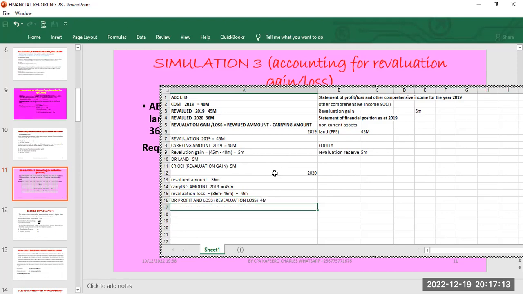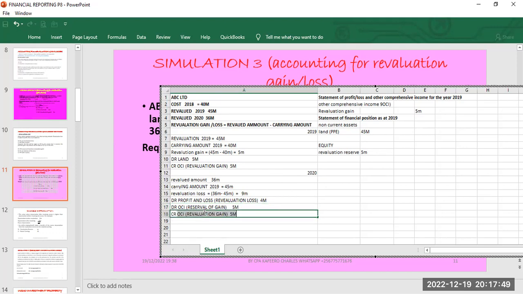And we are going also to debit again the OCI. The OCI, we are saying that this is going to be reversal of gain, the gain we got. And we are reversing only 5 million because that's the gain we had in the previous year.